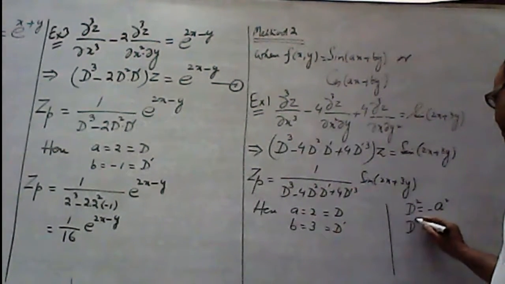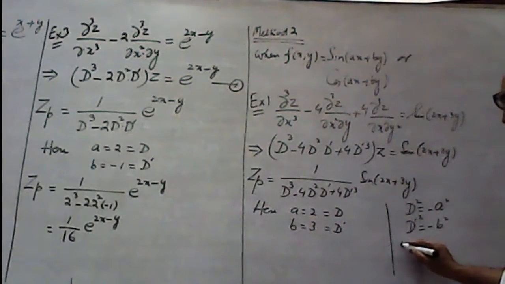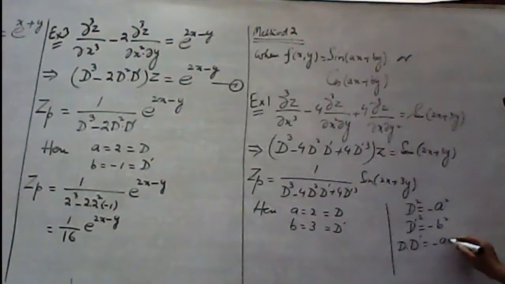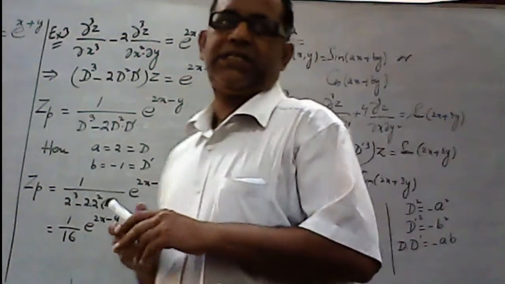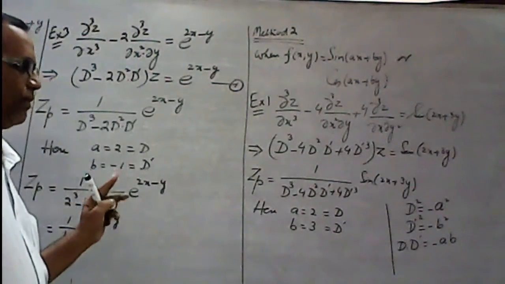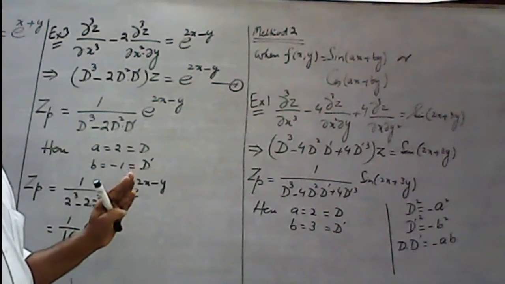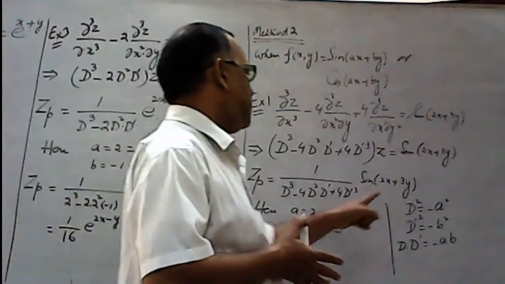D dash squared will be replaced by minus b squared, and D into D dash will be replaced by minus ab. So only these three values can be replaced, neither less nor more.